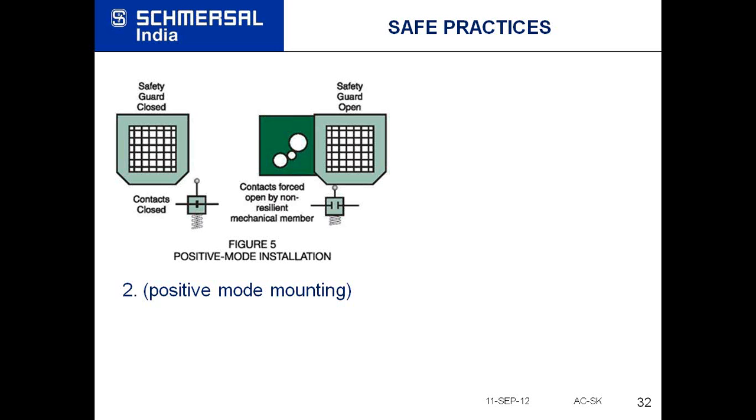Many times we have seen that when the guard is closed and the machine is running, the limit switch is mounted in a manner that the actuator is operated. But it should not be like that. The actuator should get operated only when the safety guard is opened. If you do this, then you ensure that you apply a force on the actuator of the limit switch to shut down the machine.